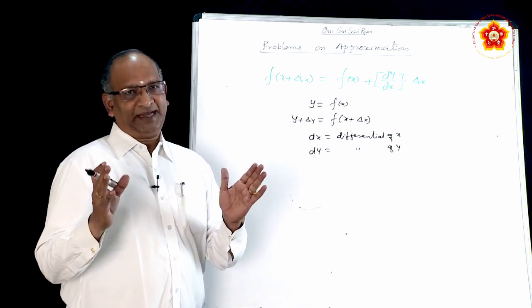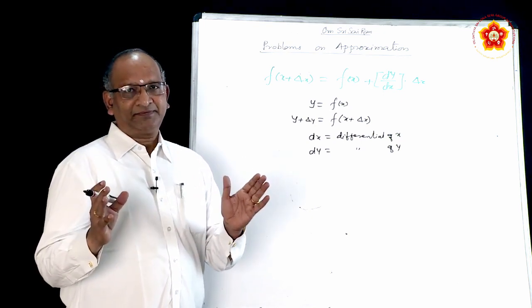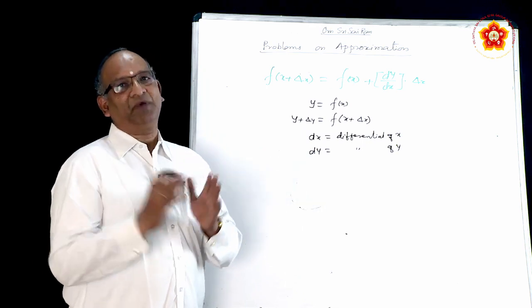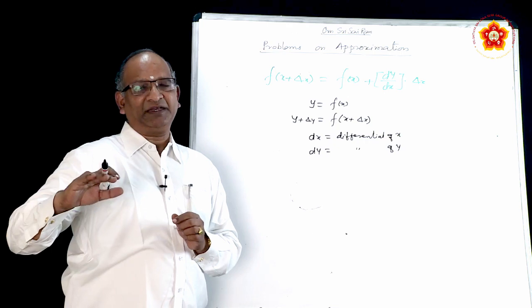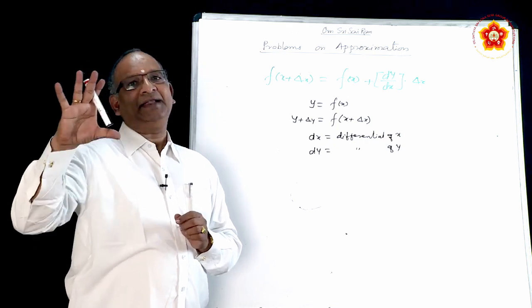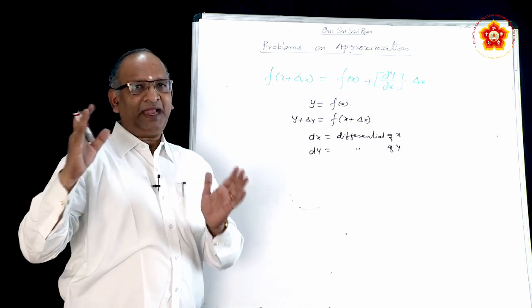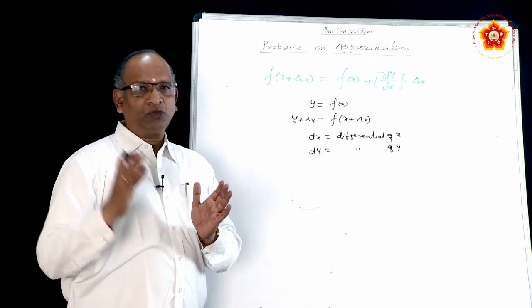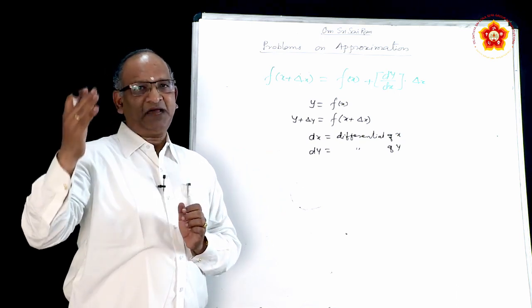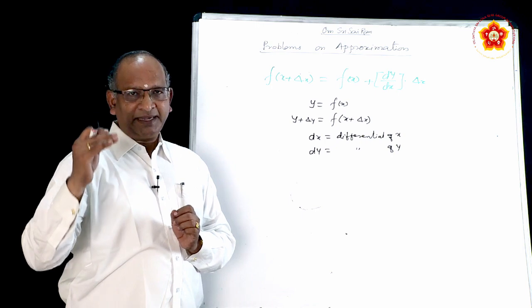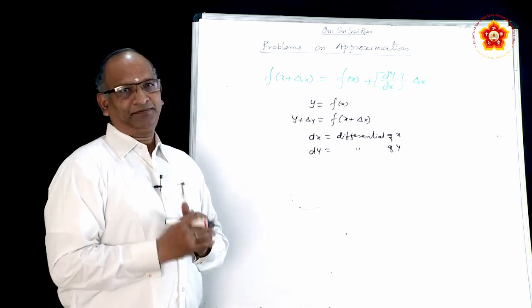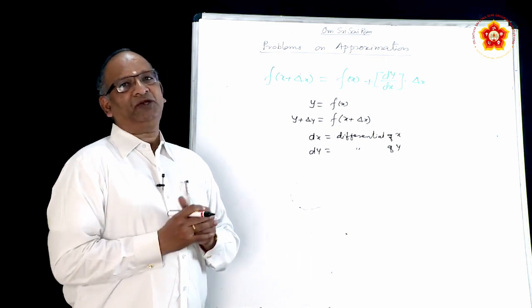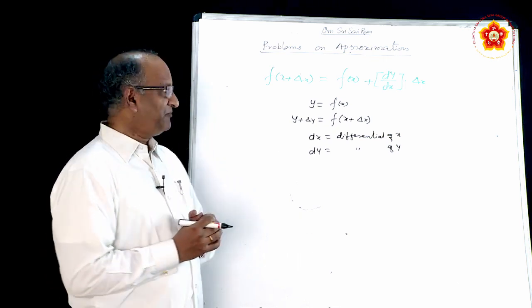We found that dx and delta x were equal, but there was height difference between dy and delta y. When P and Q come closer to each other, this delta y and dy will approximately be equal. That is what we are trying to find out by using the formula.